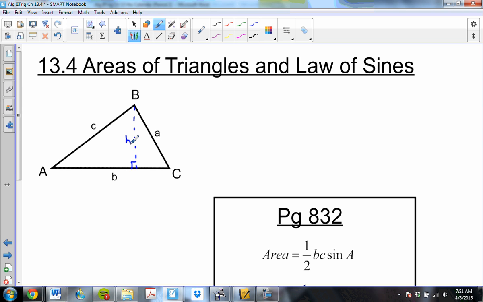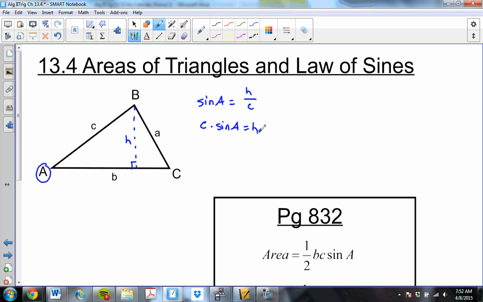Well, using trig, if I take this angle A, I know that the sine of A would be h over c, opposite over hypotenuse. So I wanted to find h itself. c times the sine of A gives me the height.